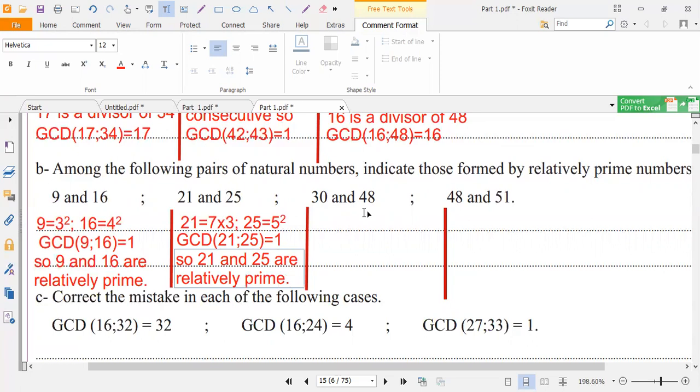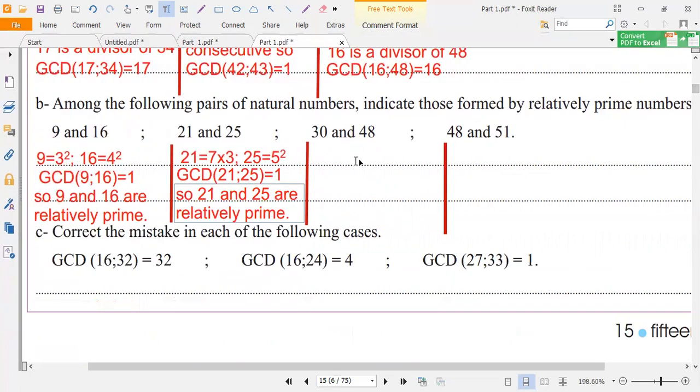Now here, 30 and 48. We think first, are they consecutive? No. Before we find the GCD, can't you see that they have 2 as a common divisor? We have 0 in the ones digit here and 8 in the ones digit here, so 30 and 48 are divisible by 2.